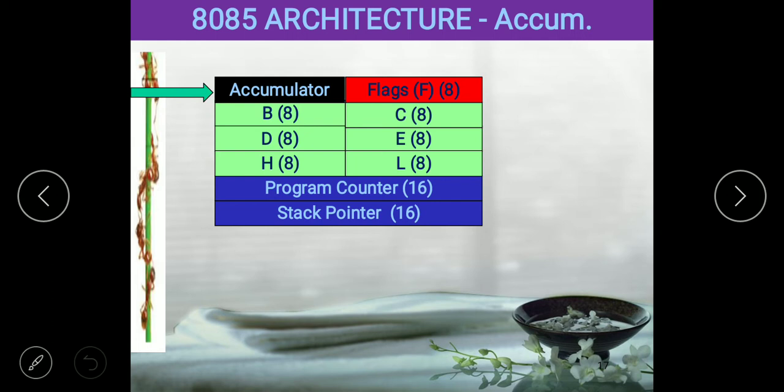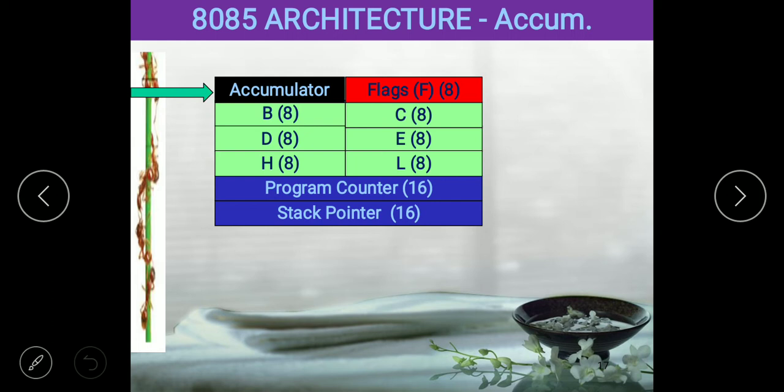Similarly, after an arithmetic or any logic operation, the output coming out from the processor is stored only in the accumulator. So that is why we call it the accumulator, accumulating the result of the processor or accumulating the inputs given to the processor. We can also call it a register.